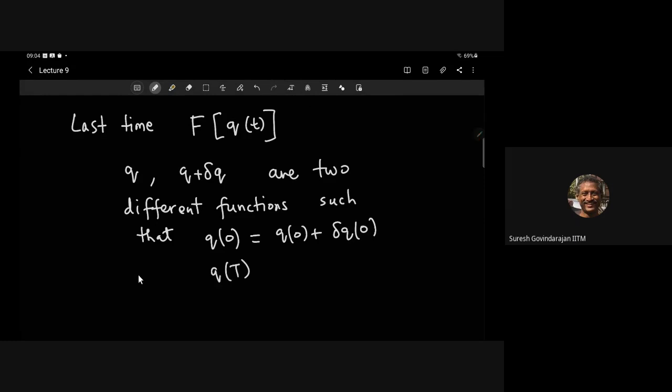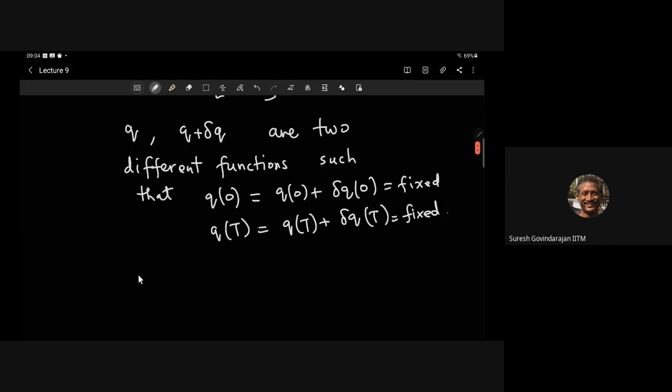Similarly, at the other end point, we are looking at functions whose endpoints don't change. They are fixed to some values. And so we defined the functional derivative by studying Taylor series.